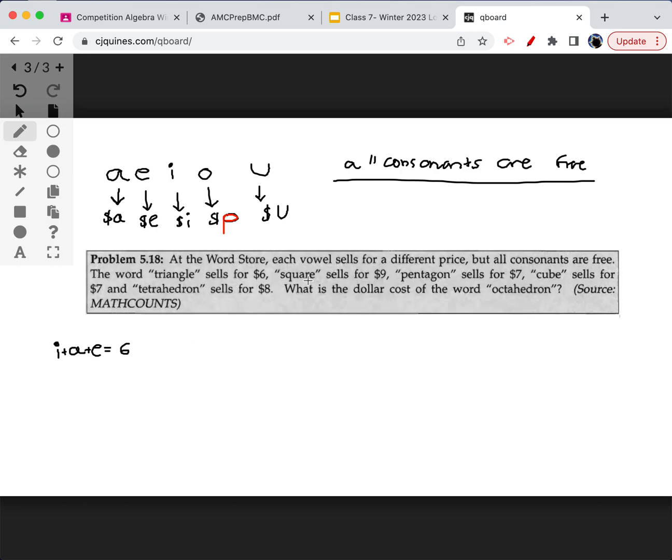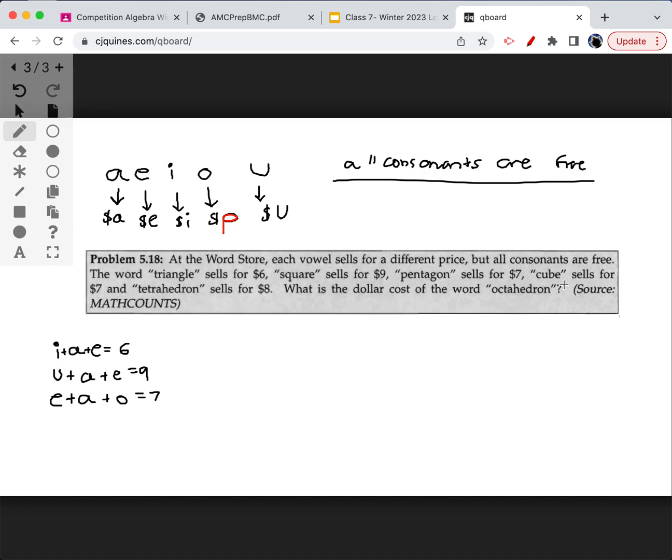Then we have squirrel costs $9. So the only vowels in squirrel are U, I, and E. So U plus A plus E is equal to 9. Then we have pentagon costs $7. So the vowels in pentagon are E, A, and O, which is 7.